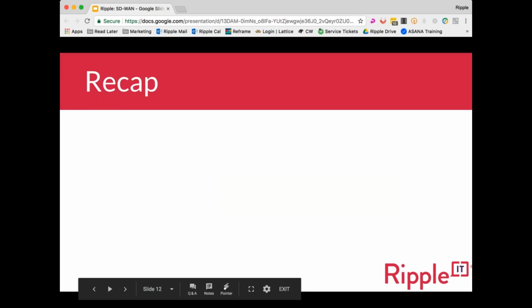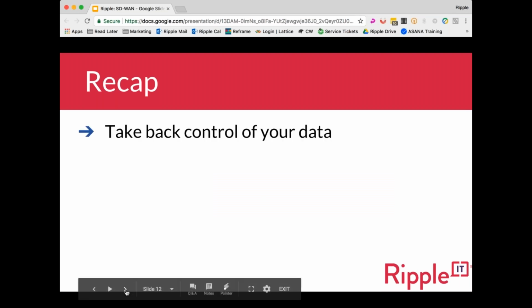So let's just recap, and we're going to answer a couple of questions and talk a little bit further on this. The short version here is you get the control back. I think that's one of the main points you made really well, JS: when you're working with your ISPs, regardless of the promises and the documentation you may have to make sure certain compliances are met, you don't truly have that control.